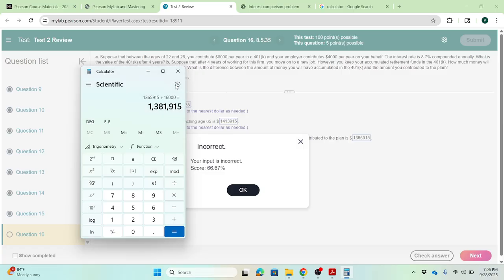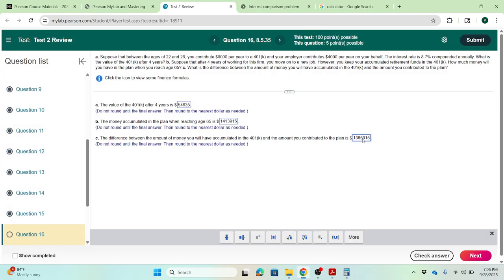So let's do that. 1,413,915 minus 32,000, which is just the contribution from you, is 1,381,915.